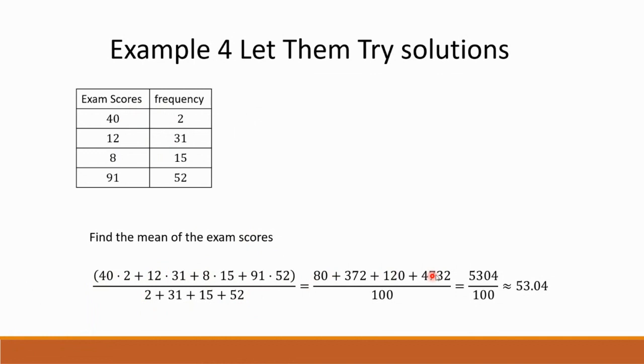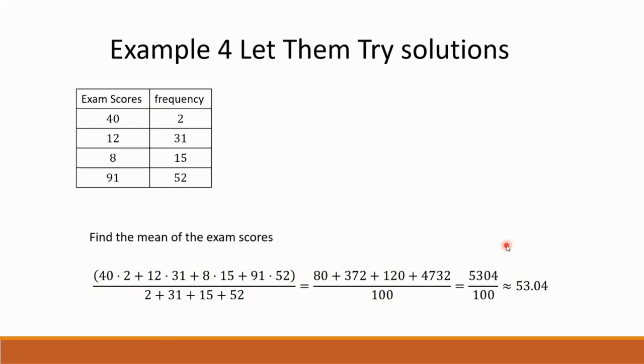So you add up those products, each number times its frequency, divided by the sum of the frequencies, how many numbers there are, and you get this. So that's our mean. Mean is really just average.